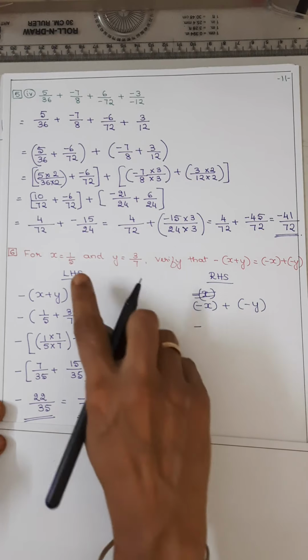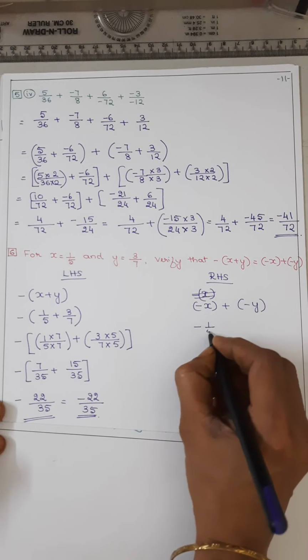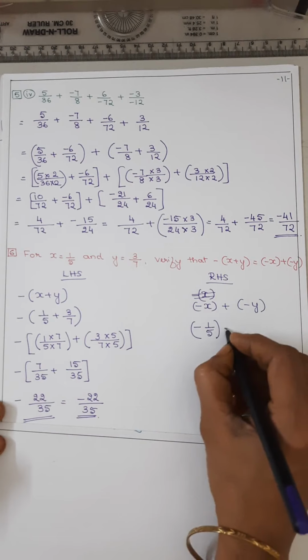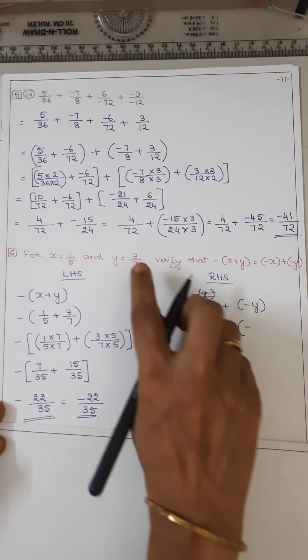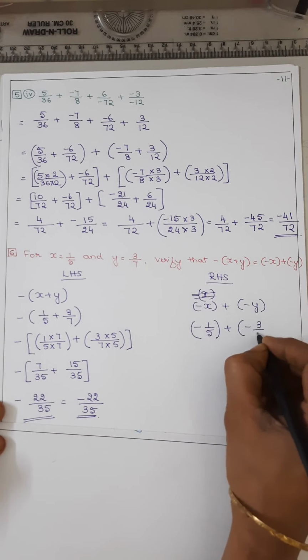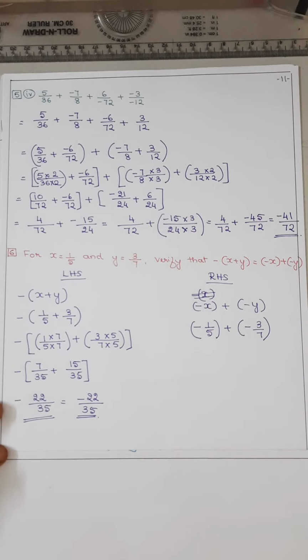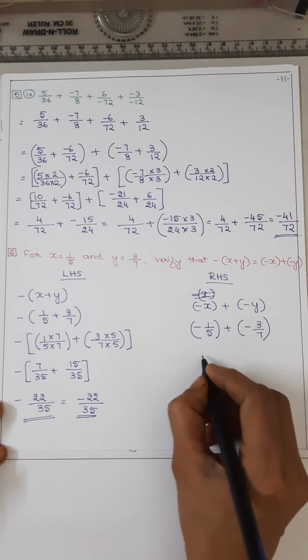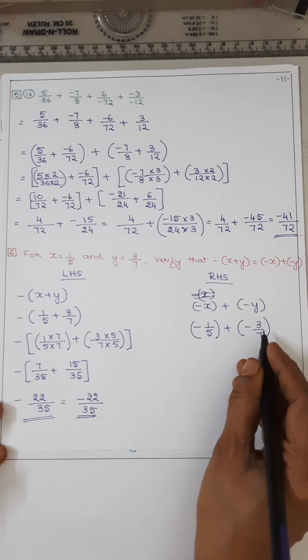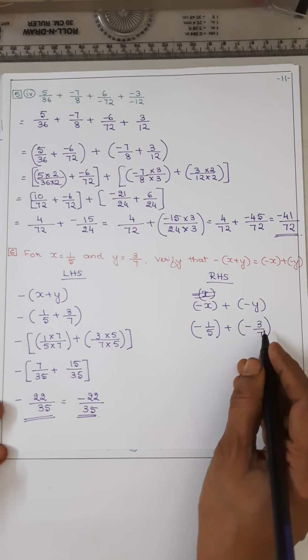The minus x का value 1 by 5 plus minus y का value 3 by 7. समझ में आ गए? Now it will be minus 1 by 5 plus minus 3 by 7.